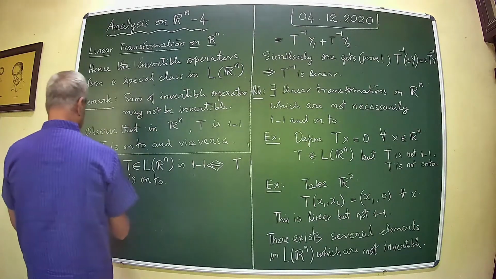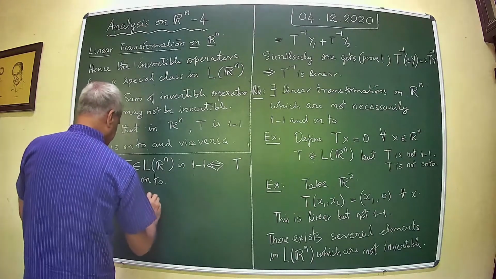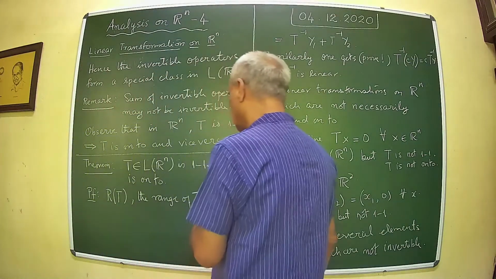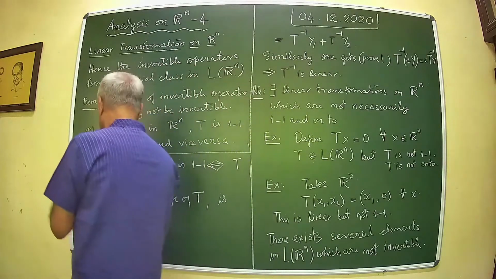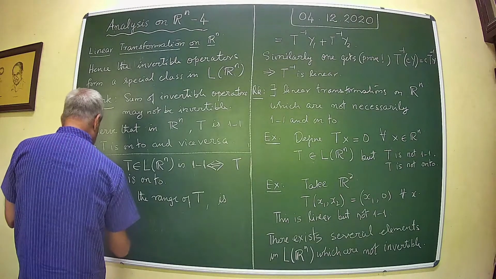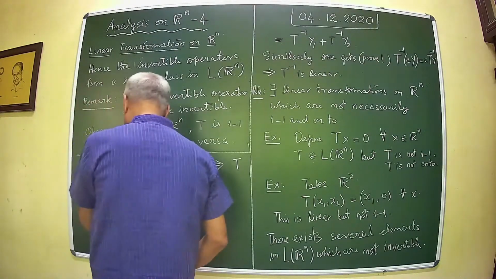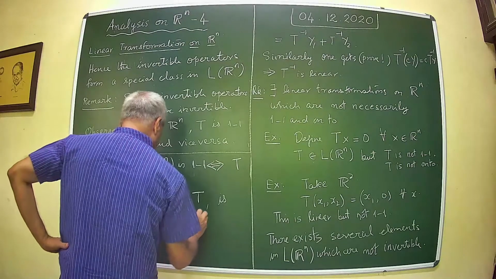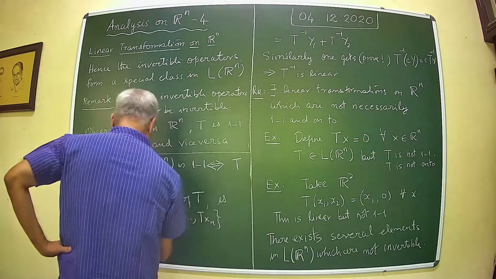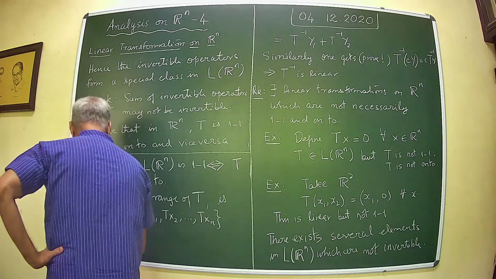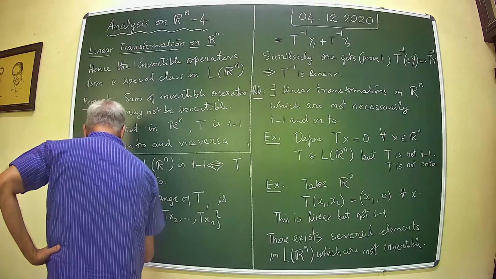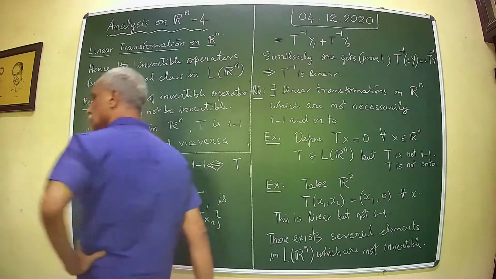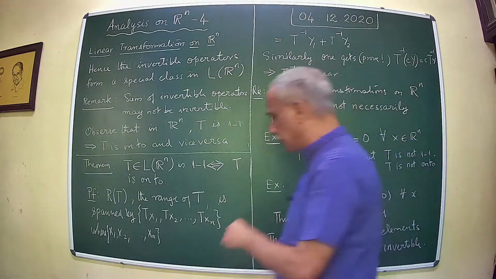The range of T is spanned by T of x1, ..., T of xn, where x1, x2, ..., xn is a basis for Rn.